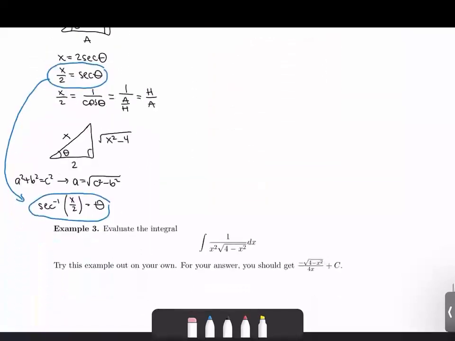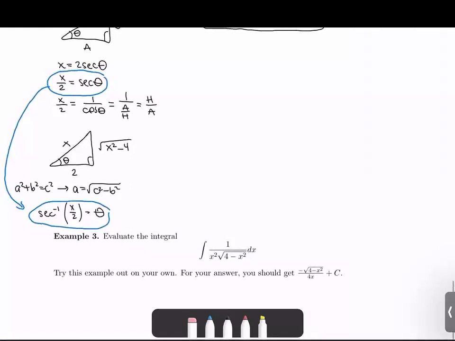So lastly, we have a third example here on this worksheet that we're not going to work through fully, but there's an answer that you should get for this integral, but this is going to be our last type. So first off, when we see that square root, we see that we have the square root of 4 minus x squared, and that can really be rewritten as 2 squared minus x squared.